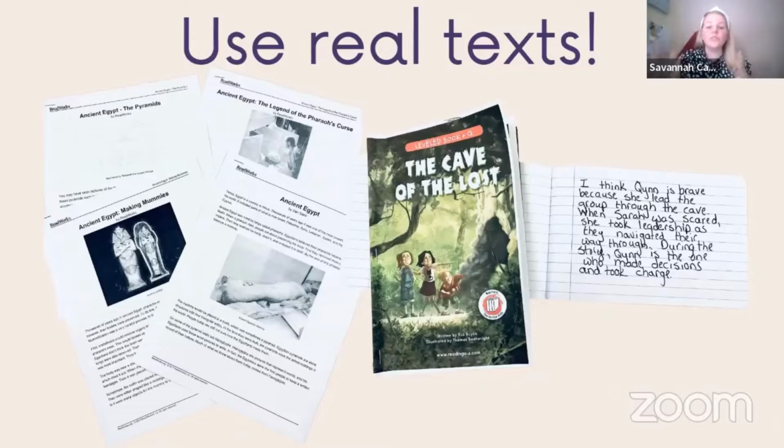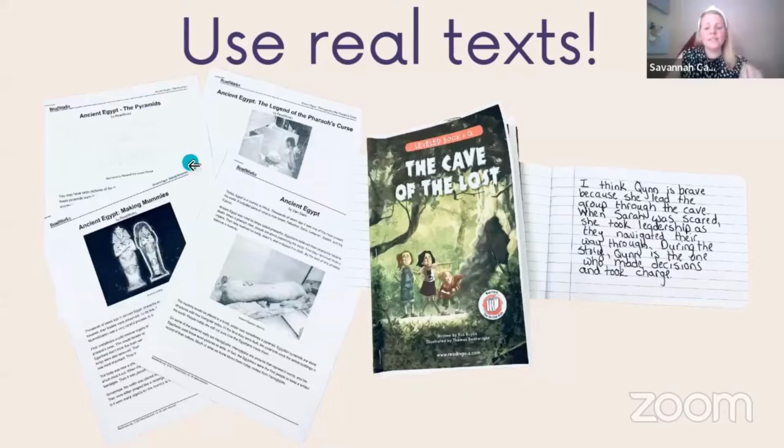I encourage you to think about the text that you are reading in a couple of ways. One way is that you can do content sets, right? All of these texts right here I got from ReadWorks. ReadWorks is 100% free for teachers. They have amazing articles. So I pulled 4 articles about ancient Egypt.